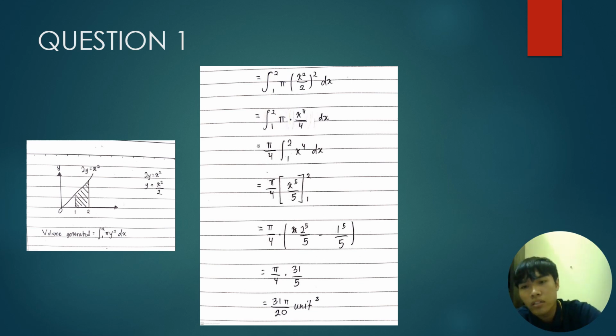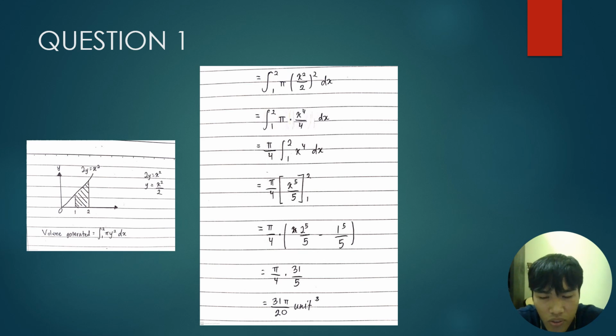After that we move the constants in front of the integral. So the equation goes pi over 4 integrate 1 to 2 of x to the power of 4 dx. So after that we integrate the x to the power of 4.